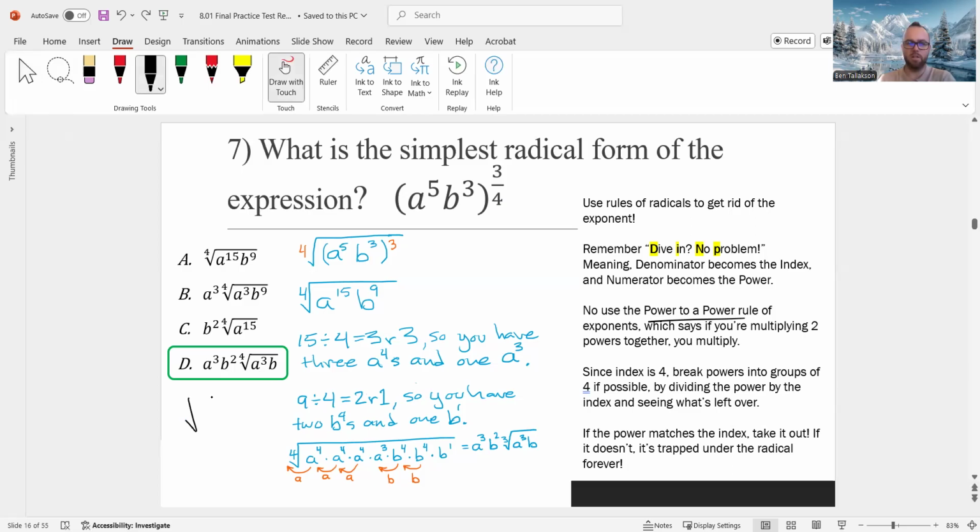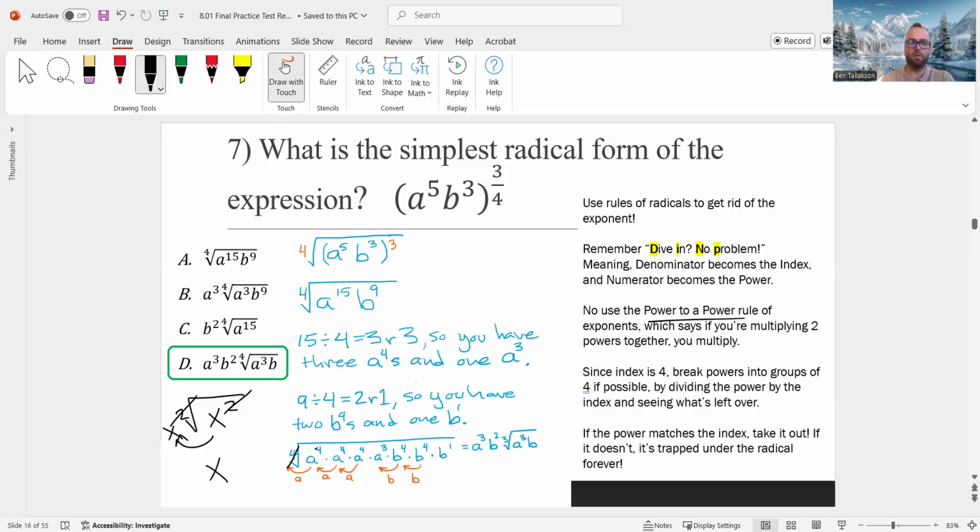It's just like taking the square root of, let's just say x squared. If you don't see an index, there's an invisible 2, right? Anytime you hear square, you should think 2, square root, squaring, okay? But those are inverses, right? They cancel each other out, so you would only take out 1x. So the answer there would just be x. Same idea here.